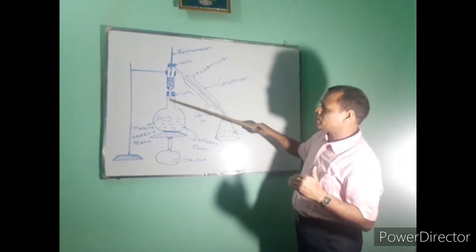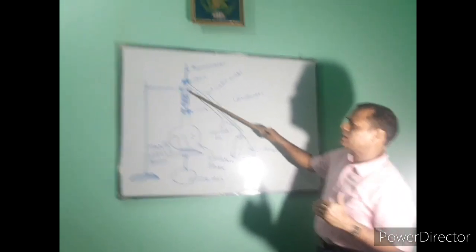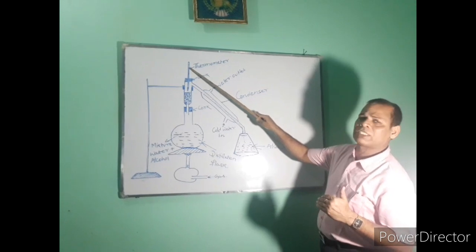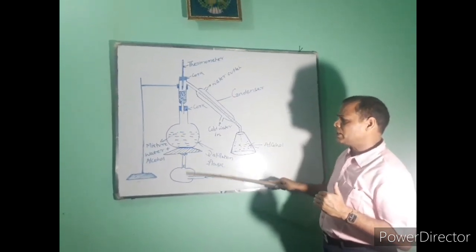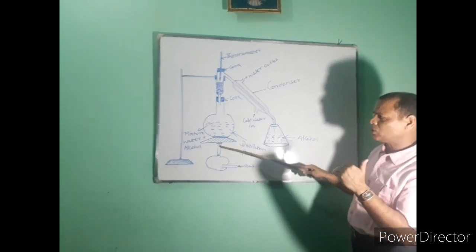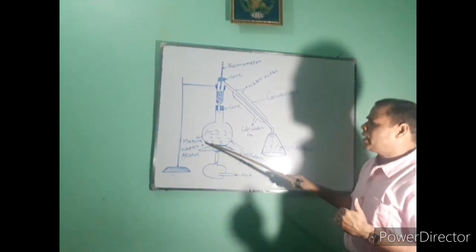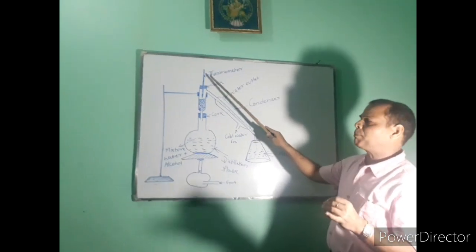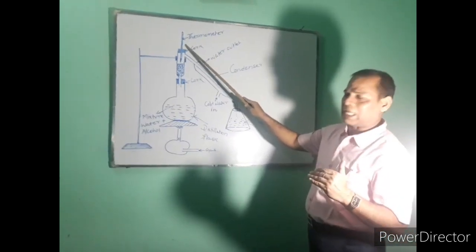In the distillation flask there is a fractionating column, and in the fractionating column there is a thermometer. The heat is provided by the Bunsen burner. As heating continues, keep the temperature around 80 degrees Celsius.